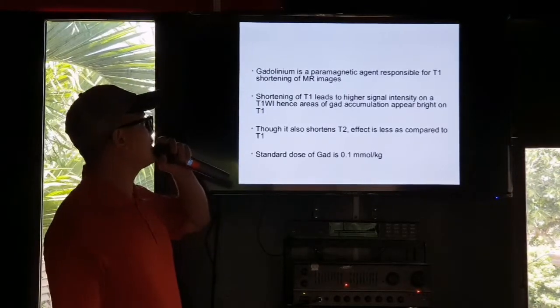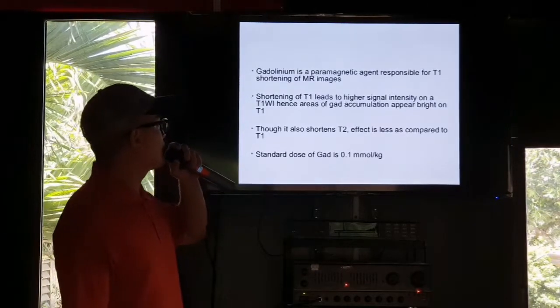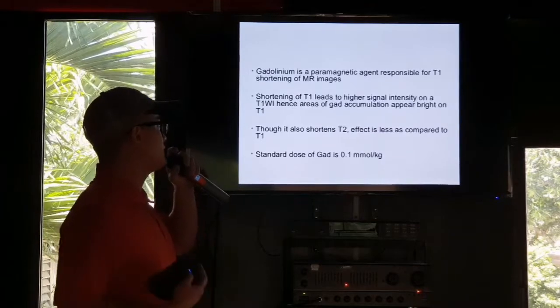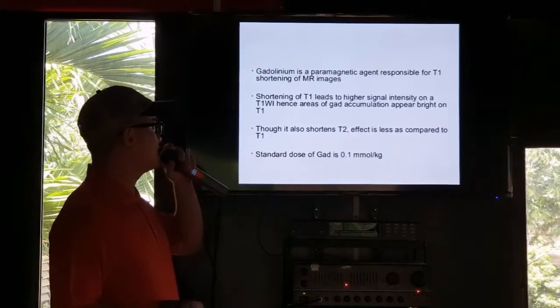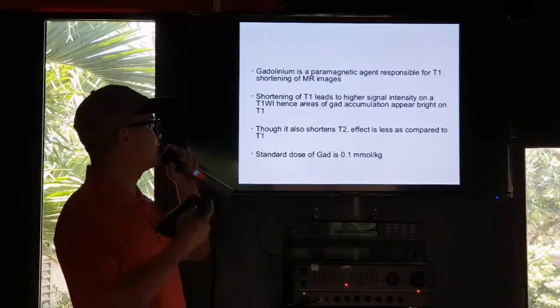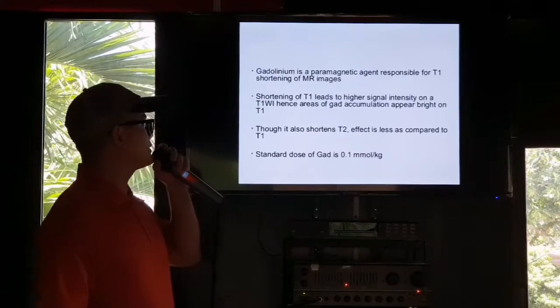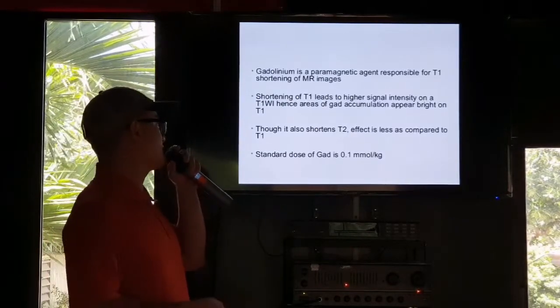So gadolinium is a paramagnetic agent responsible for T1 shortening of MR images, and shortening of T1 leads to a higher signal intensity, and hence areas of gadolinium accumulation appear bright on T1. It also shortens T2, but the effect is less compared to T1.